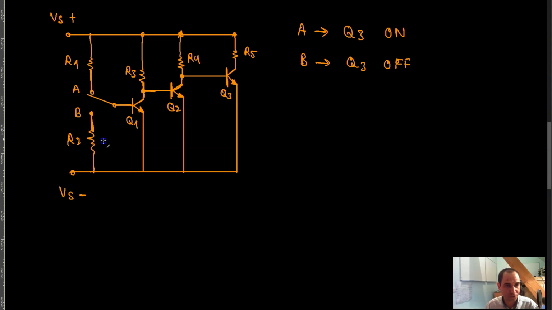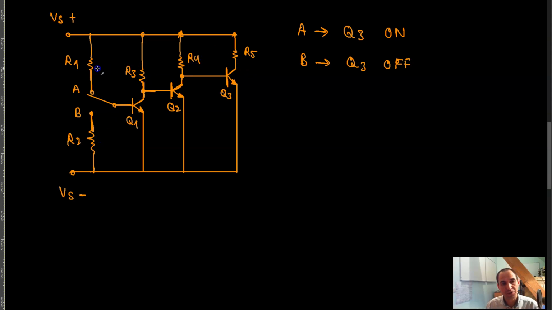The way that it's off is that when you set this switch to B, this transistor is turned off, this transistor is turned on, and so this transistor would be turned off, right? So that's basically how the circuit works. Now, of course, whether each of these transistors is turned on or off depends on the resistors that you choose here.